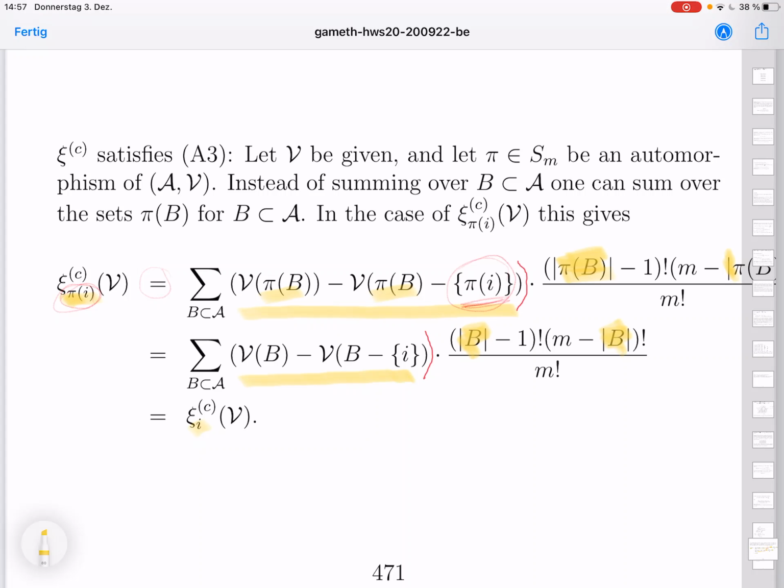But this formula here is already, by definition, the value at the index I of psi of C of V. So it's the same formula. So this gives us the symmetry of this vector psi C of the given collision valuation under a symmetry of the collision valuation. So this was the axiom A3.